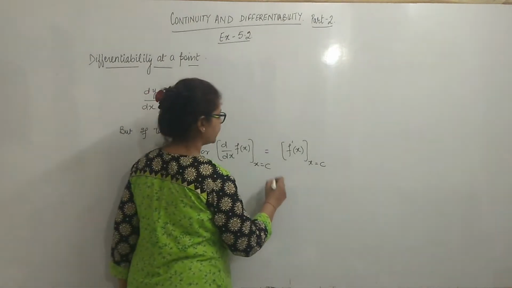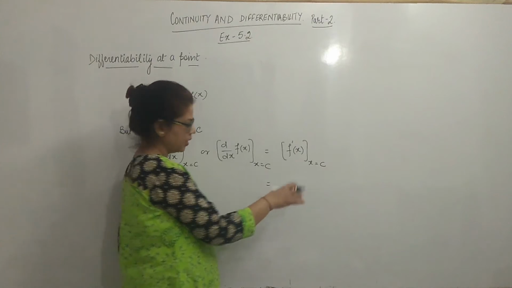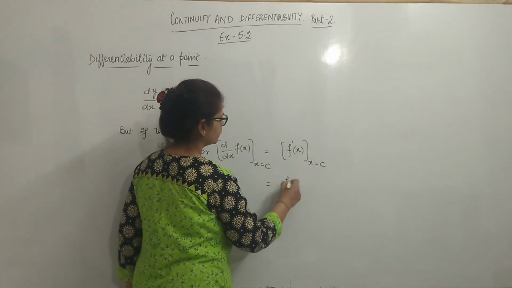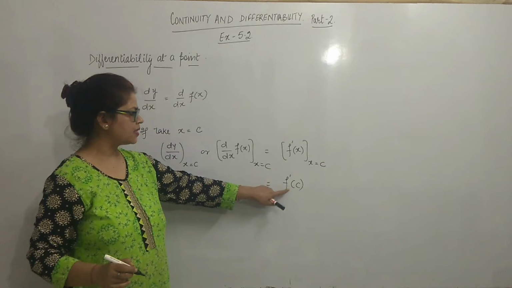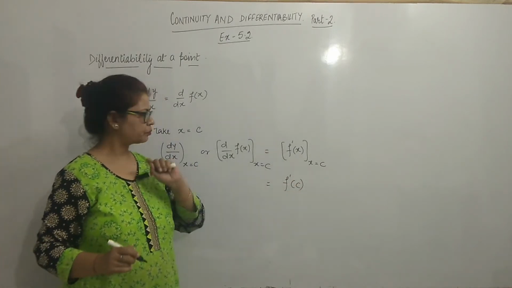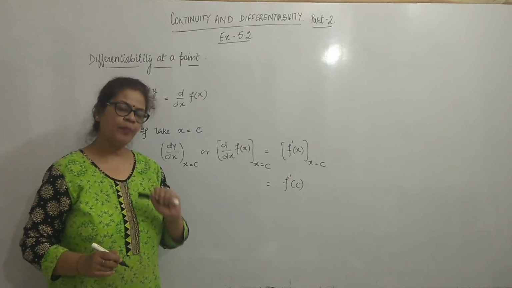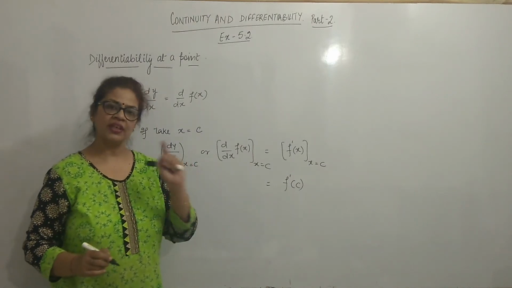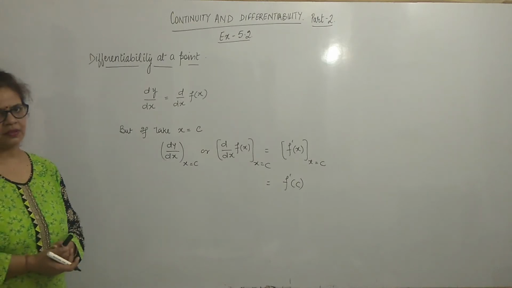Finally, after differentiating with respect to x, if we put x is equal to c, this is f dash c, that means the derivative of the function at point c. Now the question arises whether at any point the derivative of the function exists or not. Functions are of many types.